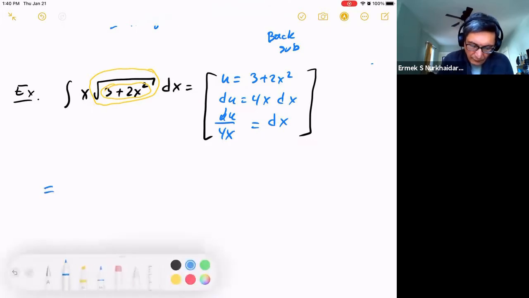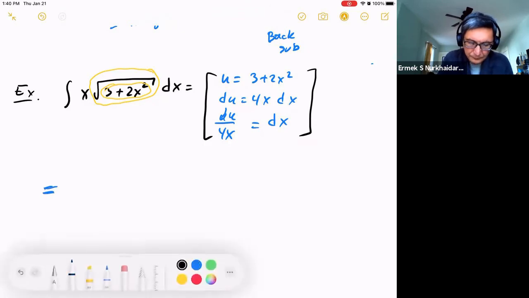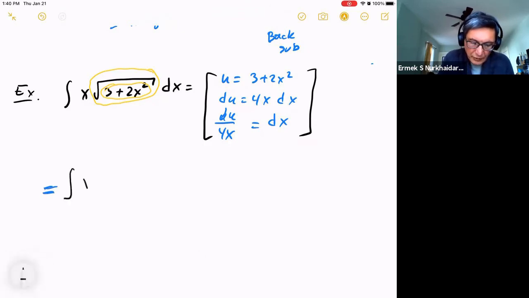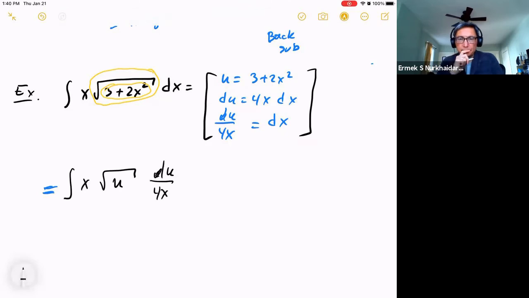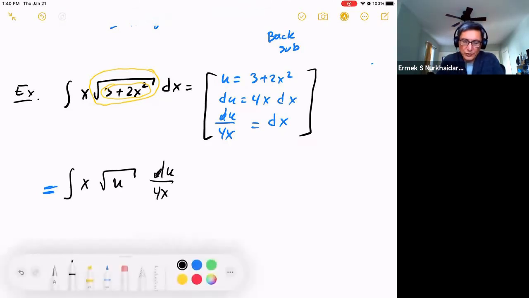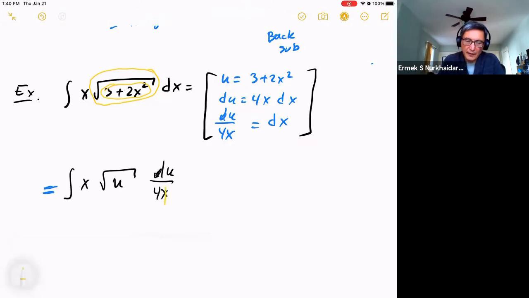And then we finish. Integral x square root of u, du over 4x. Do algebra to reduce x on top and x on the bottom.